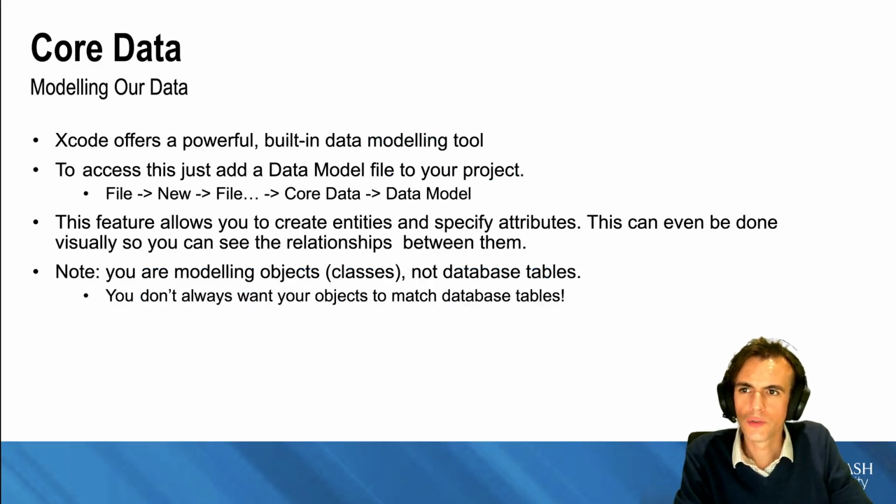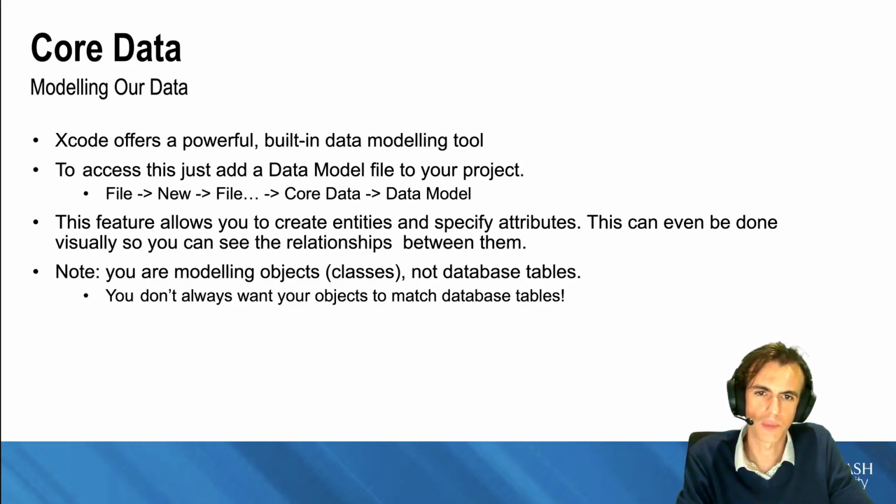All right, so when we're working with our data, as I said, Xcode has a modeling tool where we can create the managed object model. You can do this by saying File, New, Core Data Model, or alternatively, when you create your project, there's a little checkbox in the wizard where you can specify that core data is being used.